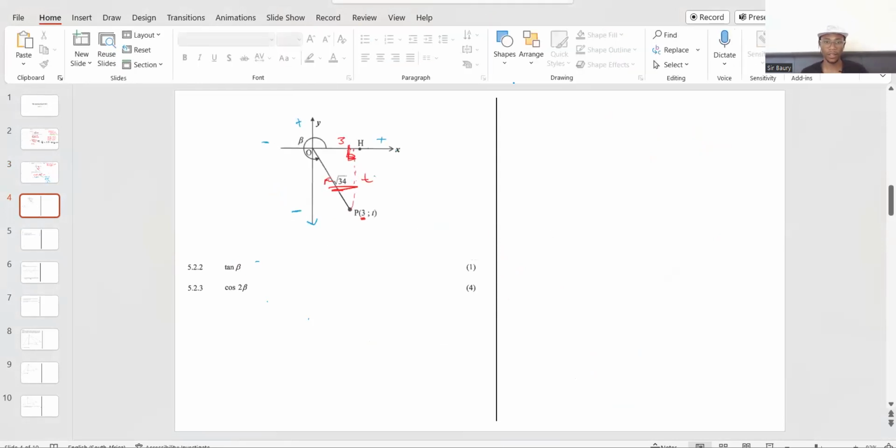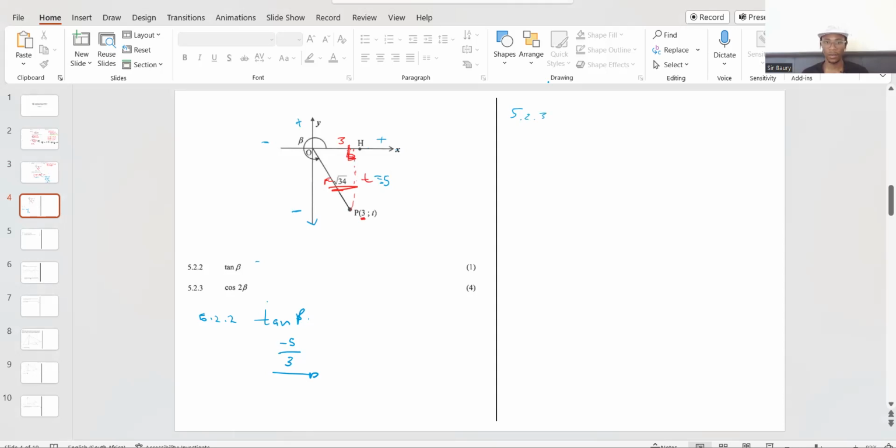So I know that t is equal to 5. Good. So tan beta, question 5.2.2. It's going to be the opposite side over the adjacent side. So it's going to be equal to negative 5 all over 3.